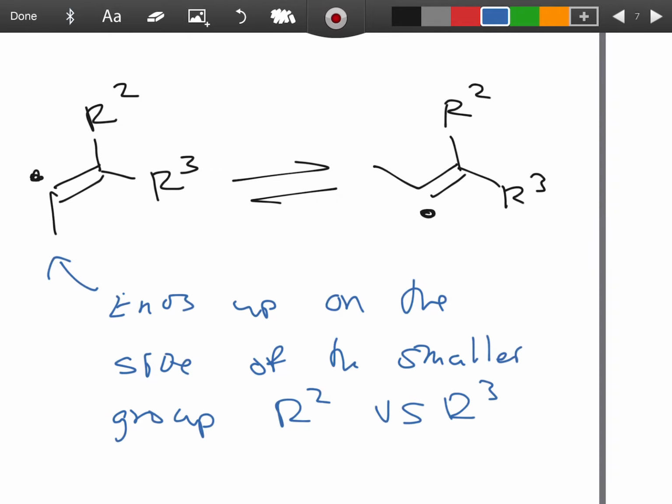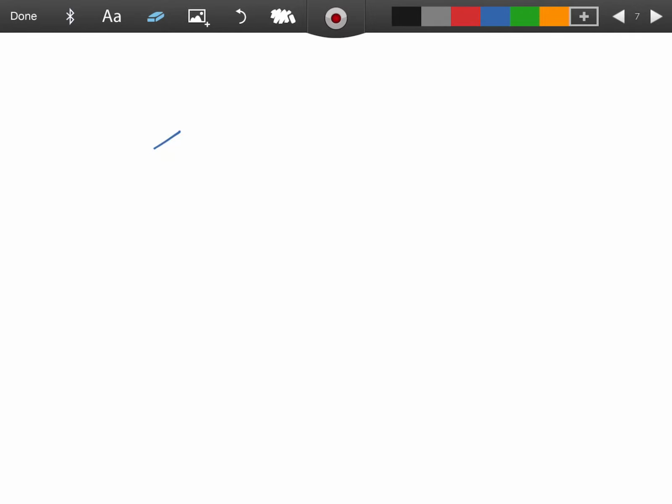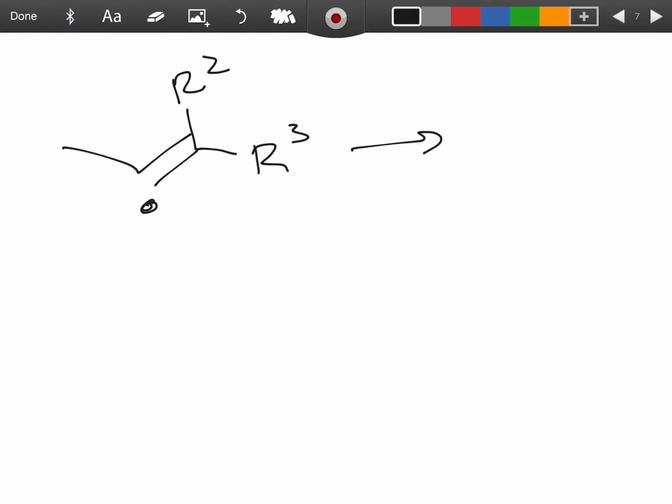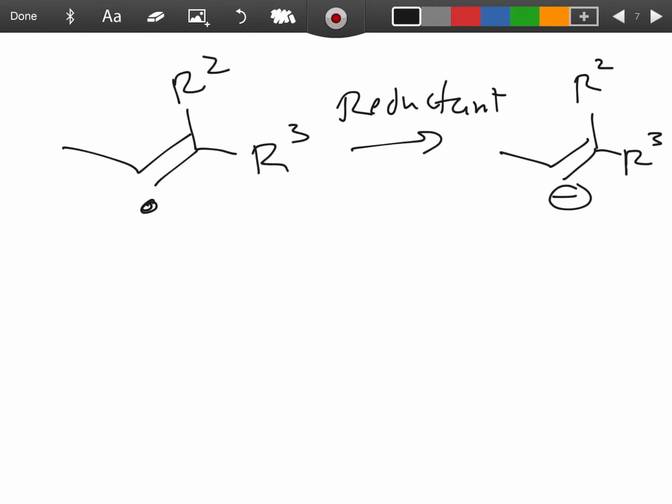And then that reducing agent, let's say that R2 is the smaller group, that reductant will turn that radical into an anion. And once you have the anion, you've locked your E/Z, right? So once you make that anion, you can no longer flip back and forth.